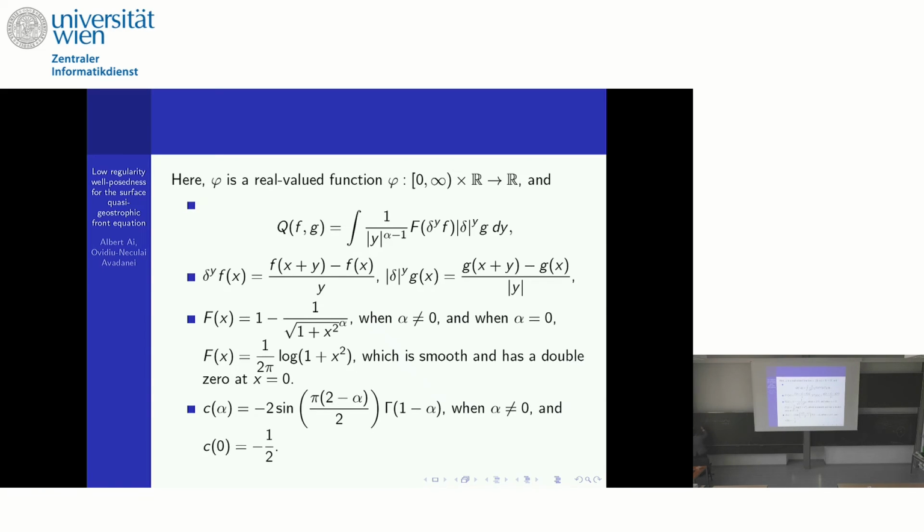What I want to tell you is that this equation has a linearized counterpart, which reads vt minus partial x of q phi v equals c of alpha dx to the power alpha minus 1 partial x v, or 2 log of dx partial x v. We're not going to be concerned with the dispersive term here. Our claim is that all the action will happen here in the nonlinearity.